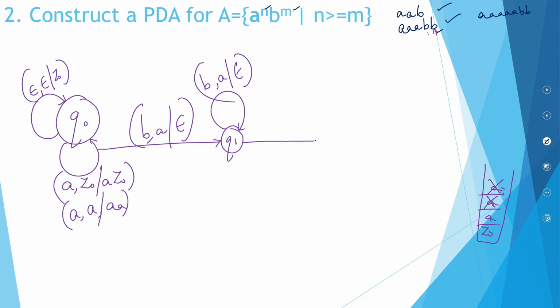Now here you will have a difference. As I told you, it is valid if you have at least one A pending. So let's see this particular case. You will be encountering epsilon, the end. Now, when you have reached the end of the string, you should encounter an A as the top of the stack.